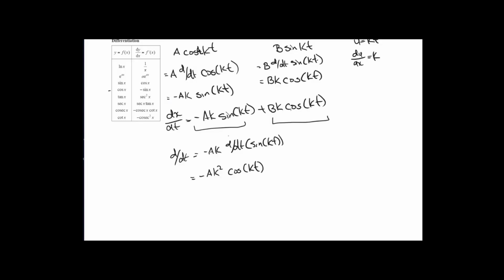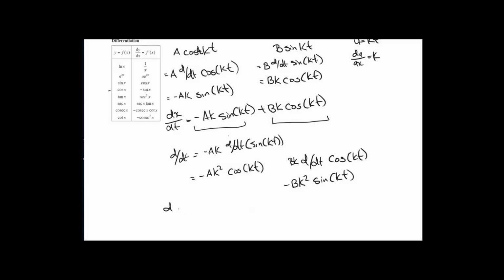And then when we differentiate this one here, it's going to be bk times the derivative of cos of kt. Well, we've already done that one, so it's going to be bk squared. And when we differentiate cos, we get minus sine, so it's going to be minus sine of kt.